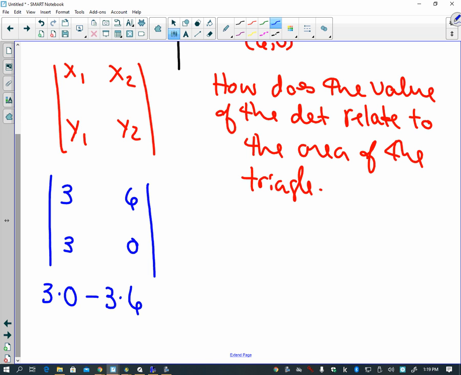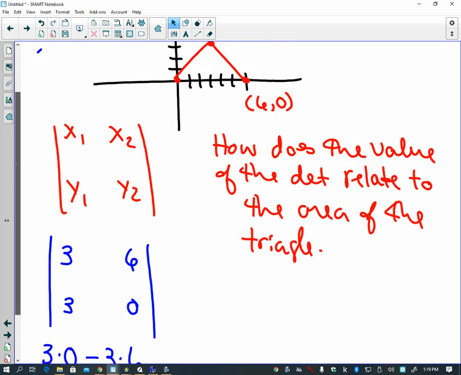Okay, so 3 times 0 is 0, right? What's negative 3 times 6? Okay, negative 18.